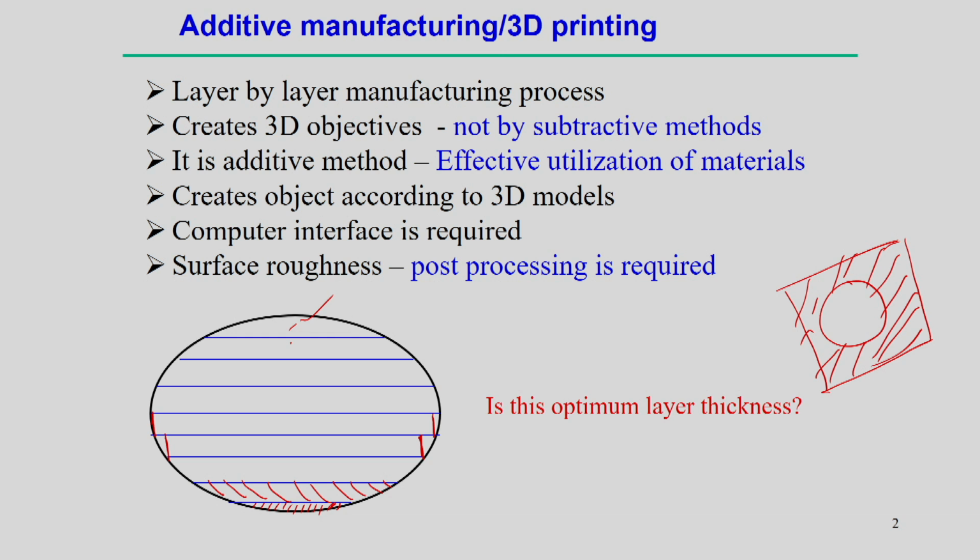Instead of taking a very high layer thickness, we can follow a very small layer thickness deposition. When you follow small layer thickness deposition, if we make further slicing, we can achieve better surface finish. Of course, once we produce so many layers, the total time to produce a particular object will definitely increase.